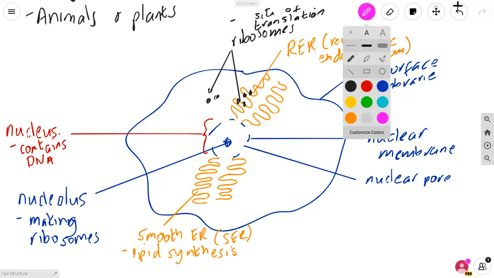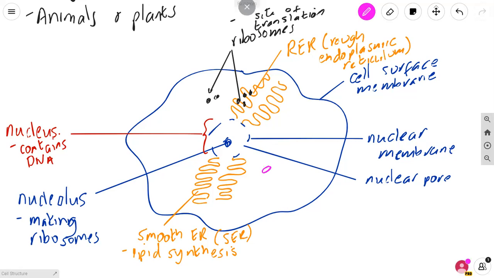Keep going into the cell, we then have a very important structure which looks like a series of plates stacked on top of each other, a series of flattened discs. It's called the Golgi body or Golgi apparatus, it's the same thing. And it's responsible for modifying and packaging proteins.